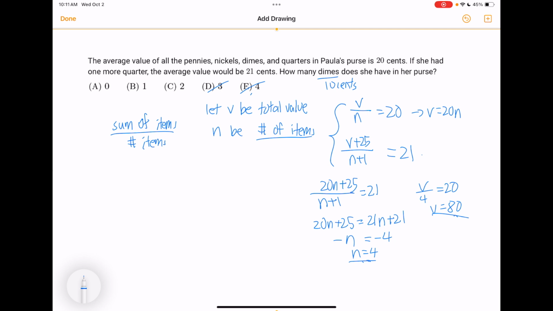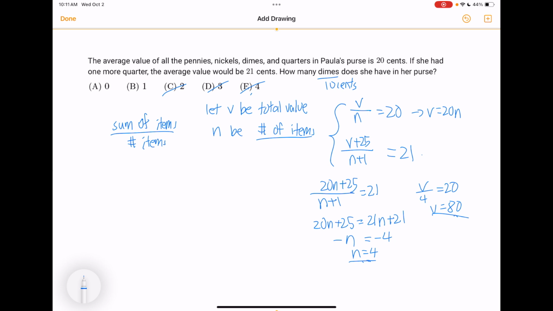And then 2, well, if she has 2 dimes, then it would be 20 cents. And then 80 minus 20 is 60. Well, would it be possible for her to have 2 coins whose value added together would be 60? That's also impossible.